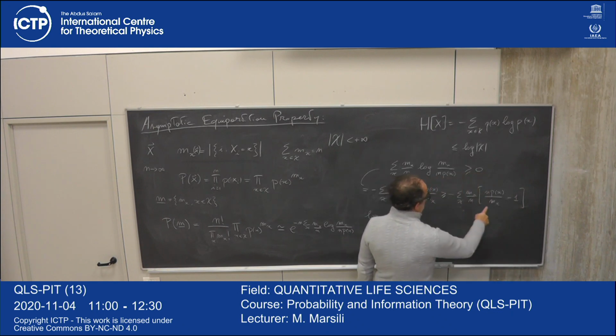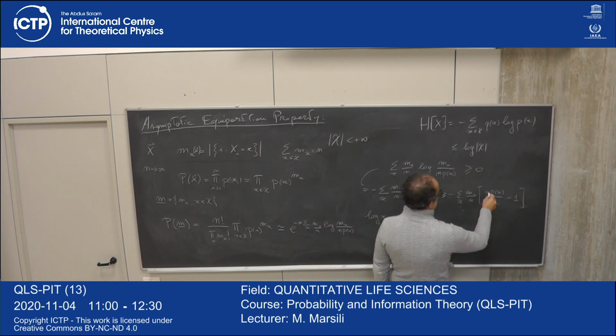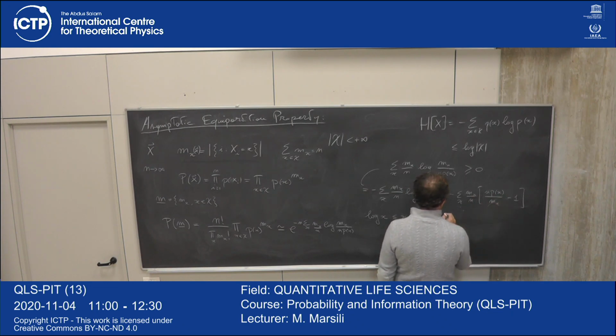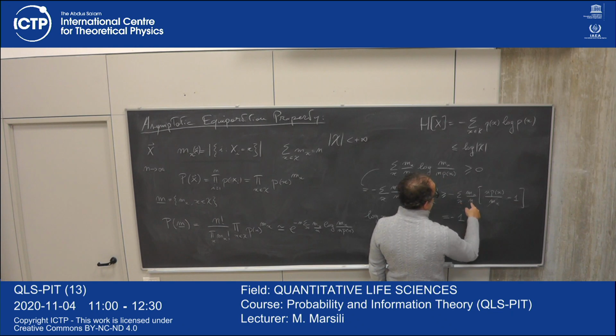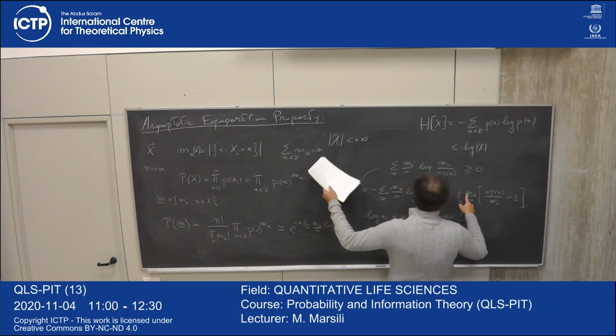Okay, so when I take the first term, the n and the m of x cancel, and I have just the sum over x of p of x that gives me 1. So this is minus 1. And when I take the second term, this is just the sum over x of m of x divided by n, and the sum over x of m of x is equal to n.